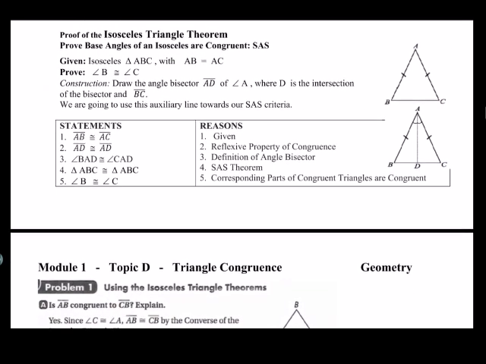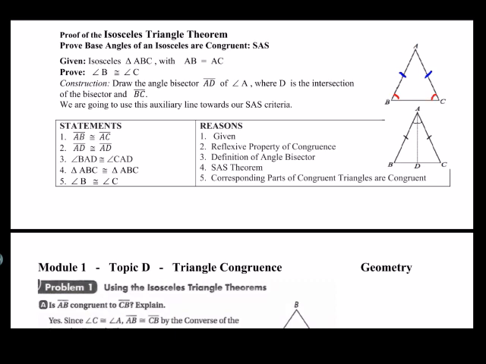We have a nice little proof of the isosceles triangle theorem here, and we are going to use side angle side to prove that. So if we are given an isosceles triangle, that means we know that those sides are congruent. We want to prove that those two angles are congruent.